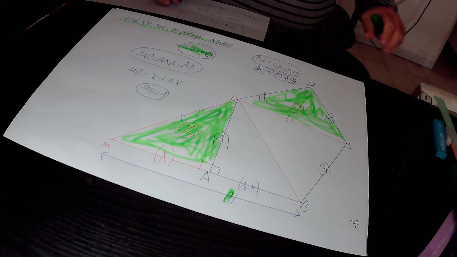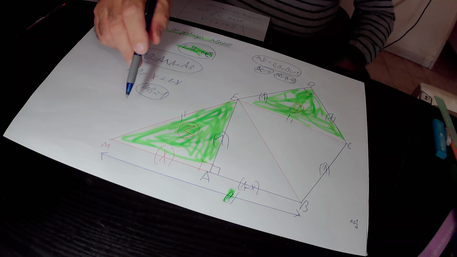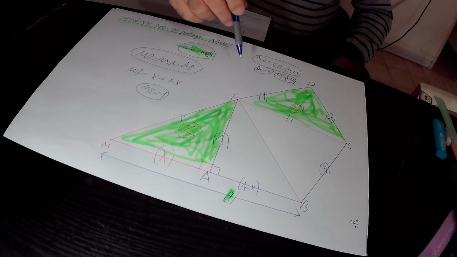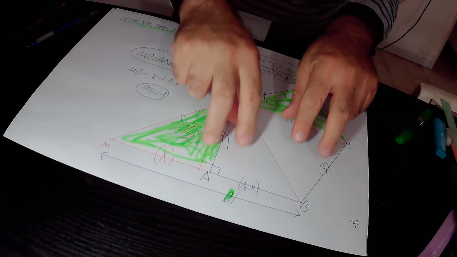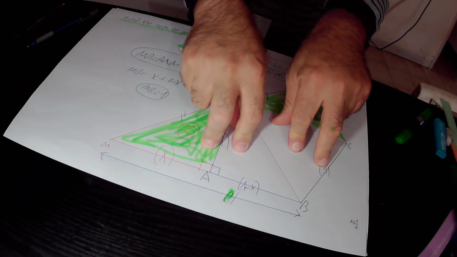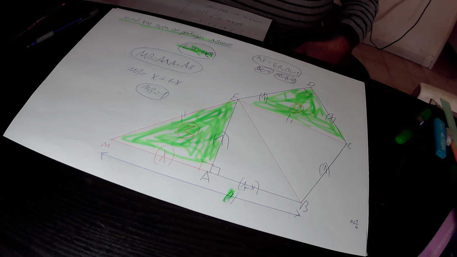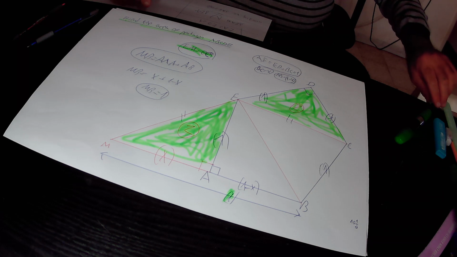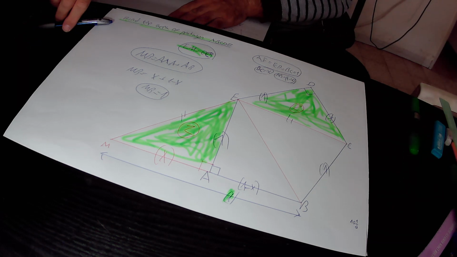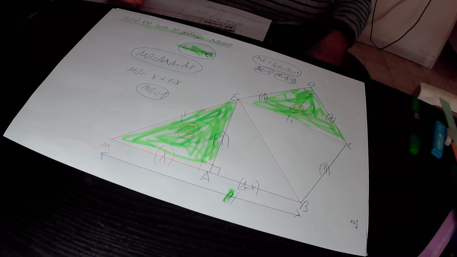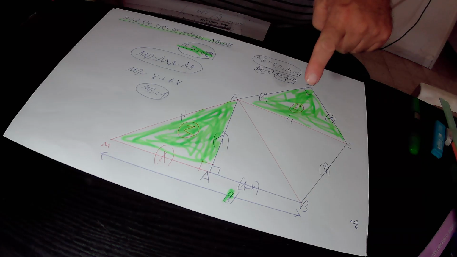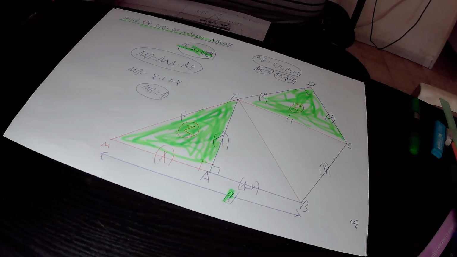The next step, we prove that triangle MEB is congruent to triangle EBC according to the side rule. Right now we have to prove that triangle MEB can go into this triangle EBC.